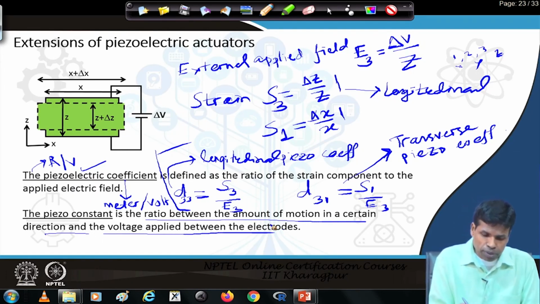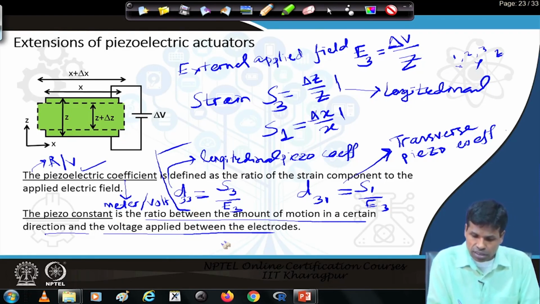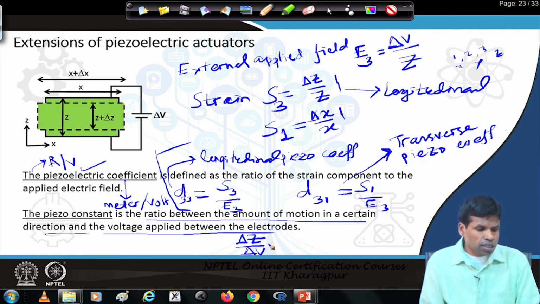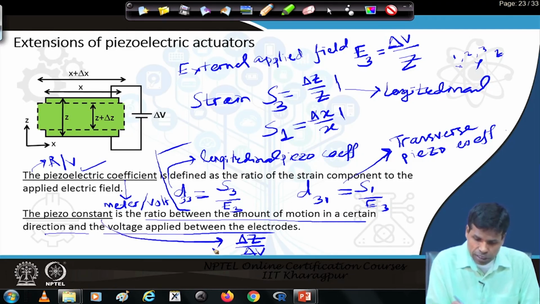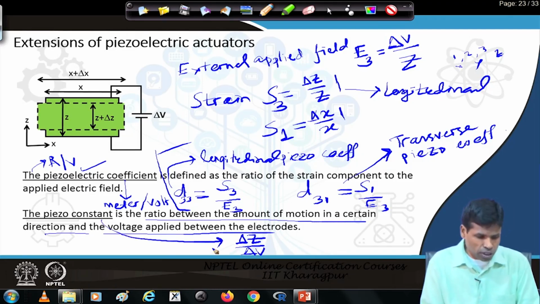Now, if the voltage is applied in the z direction, the amount of motion is del z. If the voltage applied is del V, then del z by del V is the piezo constant. This is the amount of motion in the z direction per voltage applied.